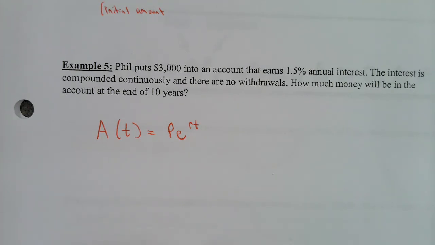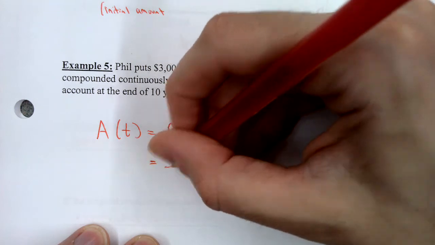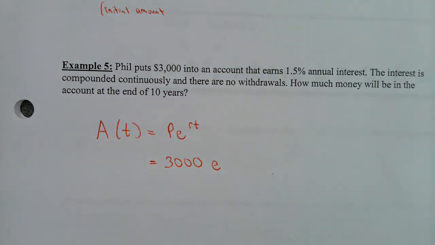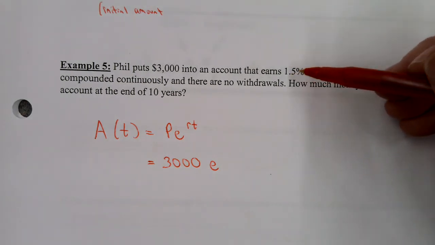Okay, so the principal is going to be 3,000 because that's what he's investing. E is a number. I'm going to leave that alone. R is your rate. Has to be a decimal. So even though 1.5 is a decimal, it's really a percentage, 1.5%.